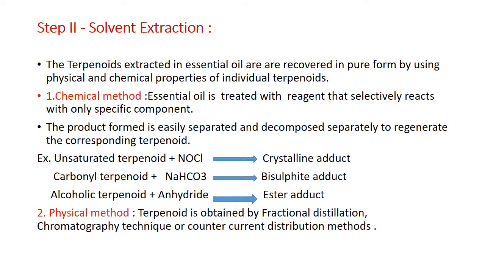The terpenoids are extracted in essential oil, and these are recovered in pure form by using the physical and chemical properties of individual terpenoids. Consider the terpenoid present in that essential oil: what are its physical properties, whether it is present in amorphous form, crystalline form, or oily liquid form; what are its chemical properties, the melting point or boiling point, whether it is volatile or non-volatile, what are its reactions.